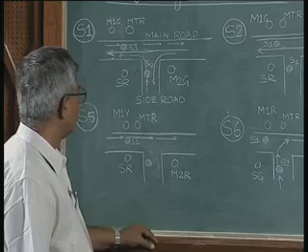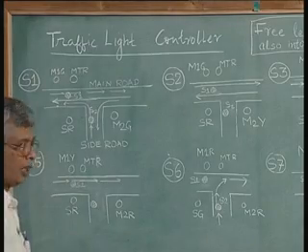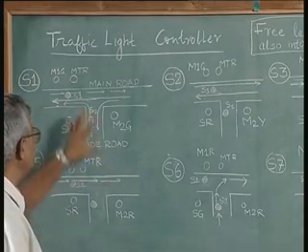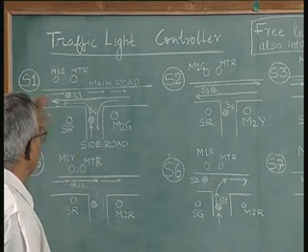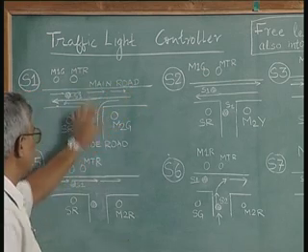This is a controller for a traffic light to be installed in a road junction. There is a main road and a side road.